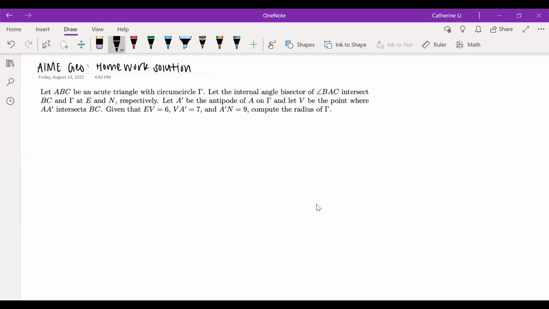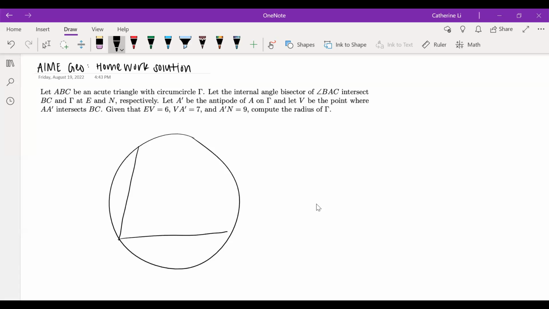So we have the circumcircle gamma and our triangle ABC. And we're told that the angle bisector of BAC intersects BC and the circle at E and N. And then also we have the antipode of A, which is the point opposite it on the diameter, so A prime.